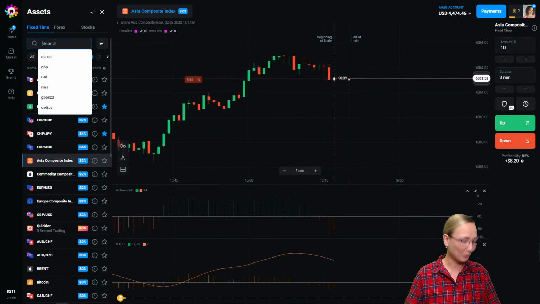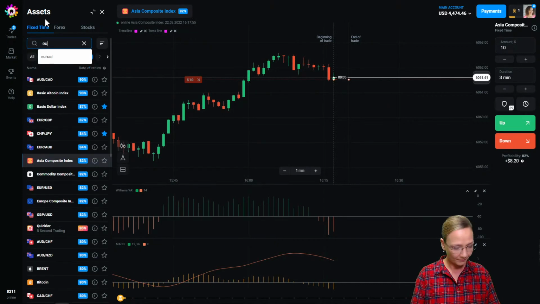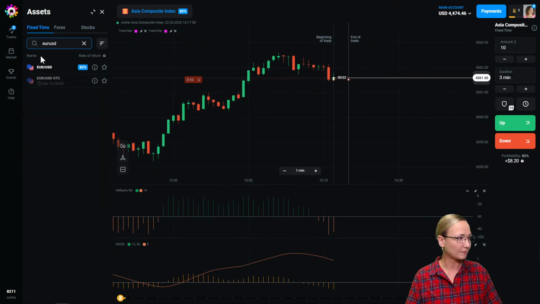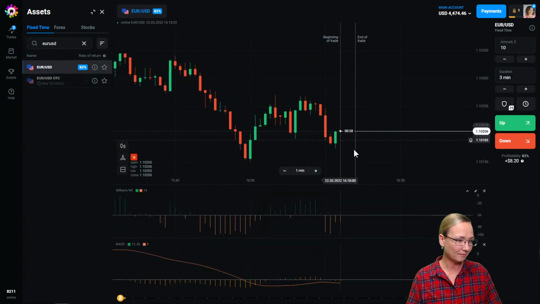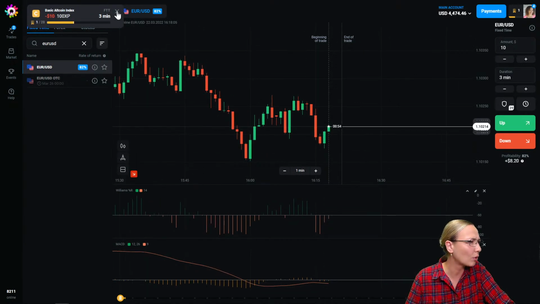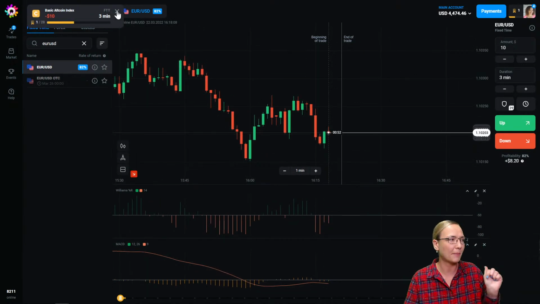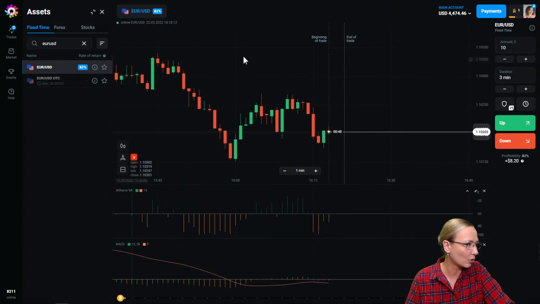Euro US dollar, well, we were looking at that a second ago. Oh, let's see here. Euro US dollar. I'm guessing on the 1 minute time frame. Oh, basic altcoin also did not go through. We're going to check them back later on the chart to see. Maybe I should have chosen a longer trade duration.